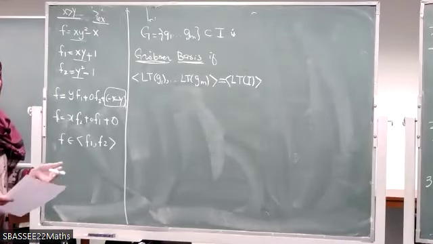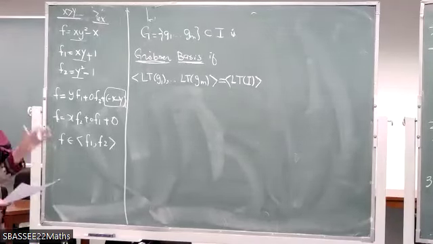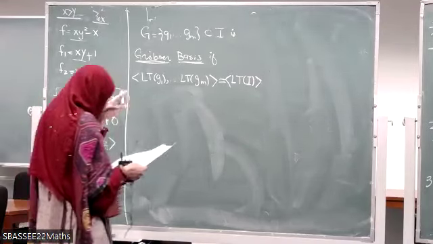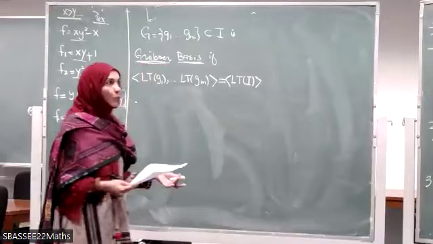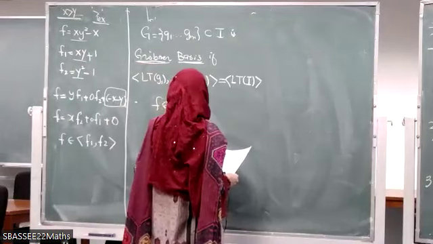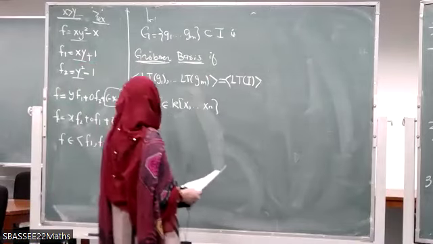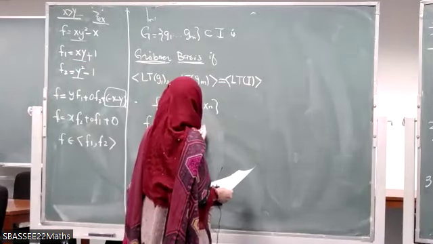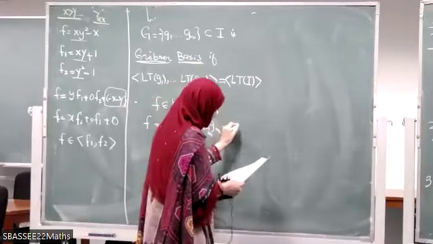And when we ask whether we have a Grobner basis for each I, the answer is yes. Every ideal has a Grobner basis. But I'm not talking about that now. If you have a Grobner basis, what can you do with it? If you take f, a polynomial from the ring, and you do this division algorithm, what you will get is something like f equals q1 g1 plus up to qn gn plus r.